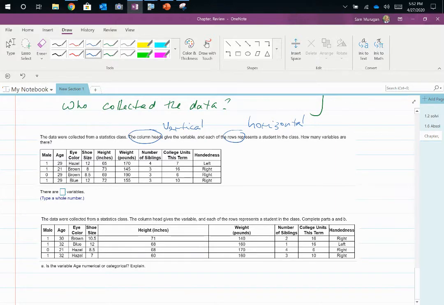The question is, how many variables are there? It tells us that the column heads give the variables. So we have 1, 2, 3, 4, 5, 6, 7, 8, 9 variables. 9 variables.